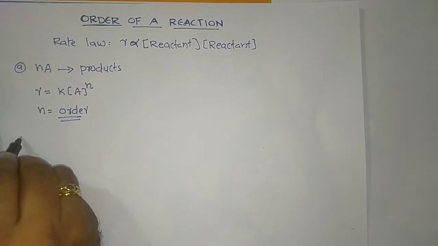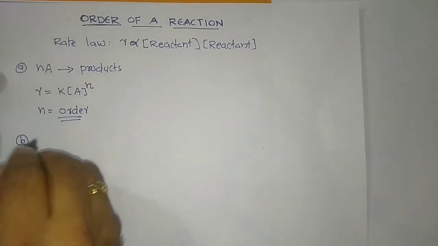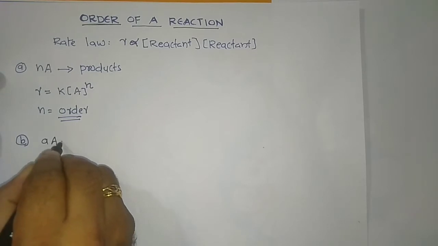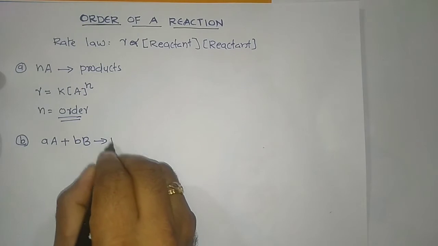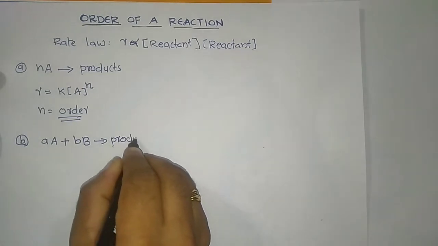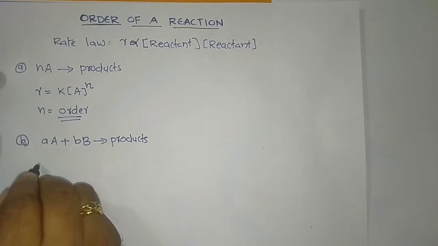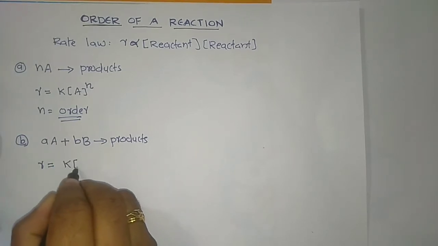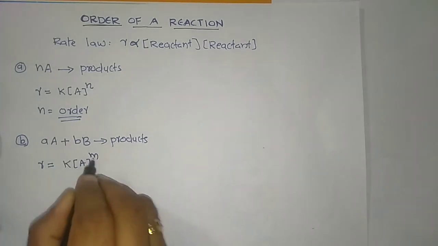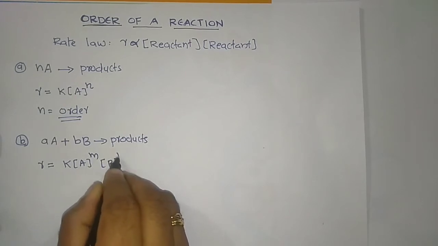Then we consider the general hypothetical equation aA plus bB gives products. According to the rate law expression, R is equal to K into A raised to m into B raised to n.